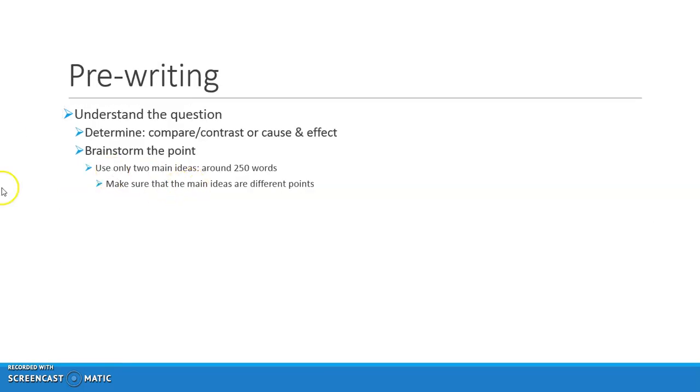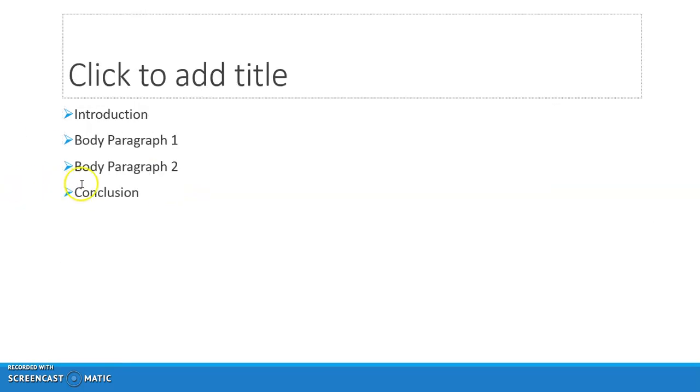Because you have 4 paragraphs, the 2 main ideas which will be explained in body paragraph 1 and body paragraph 2 should be different from each other, because you don't want to overlap the same discussion in paragraph 1 and paragraph 2. The reason why you have 2 different paragraphs is because you want to differentiate 2 different points about the topic.